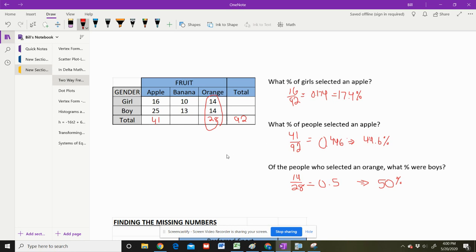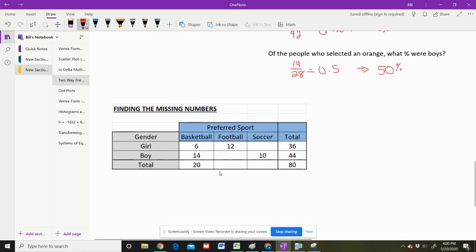I may ask you some questions here just about the rest of the table. The last part is, if you're given a table like this, it may ask you to find what the missing number is. In this case, it's a frequency table for preferred sport and gender for girls and boys. So what you want to do is find the missing number.